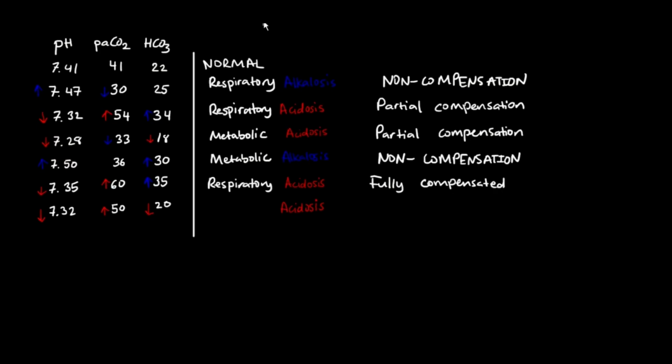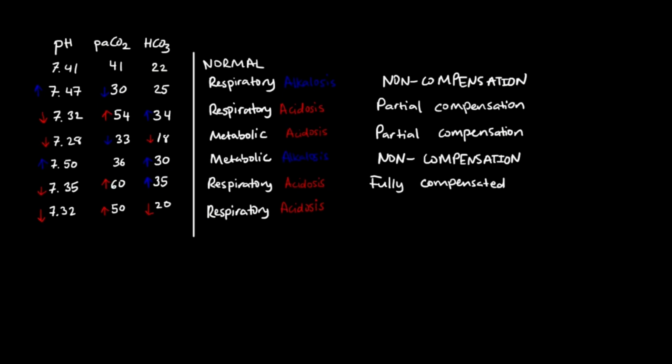So since we have the pH and the CO2 moving in opposite directions, we have respiratory acidosis. But if you look closer, you see that the pH and the bicarb are also moving in the same direction.